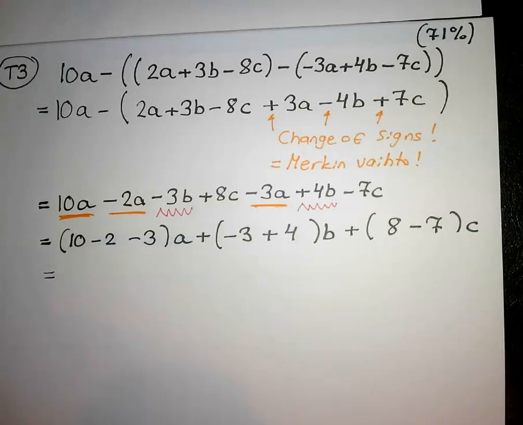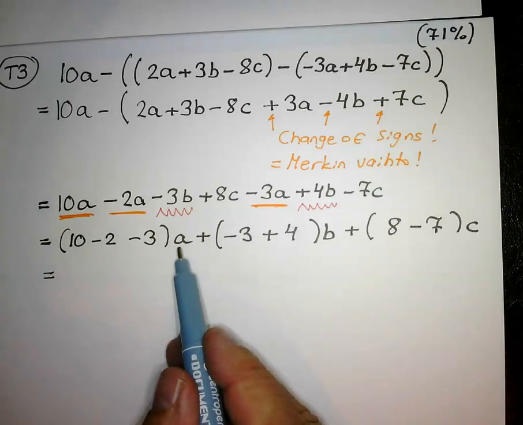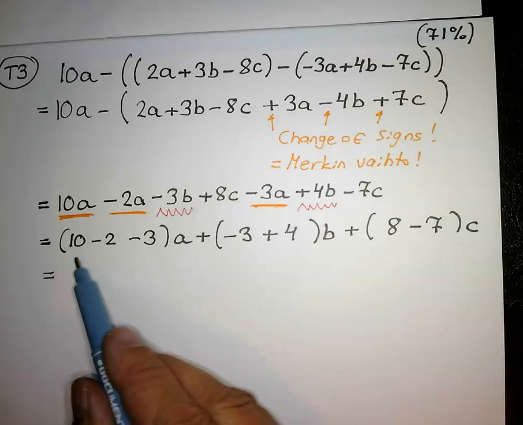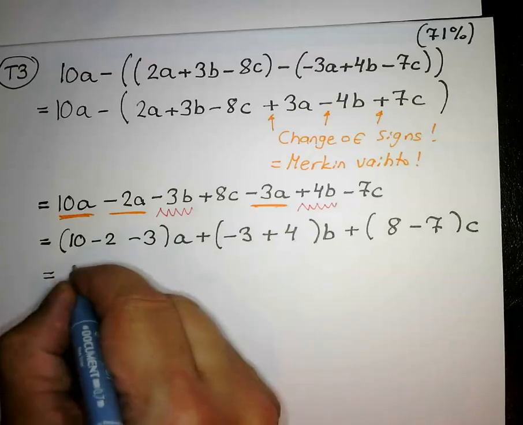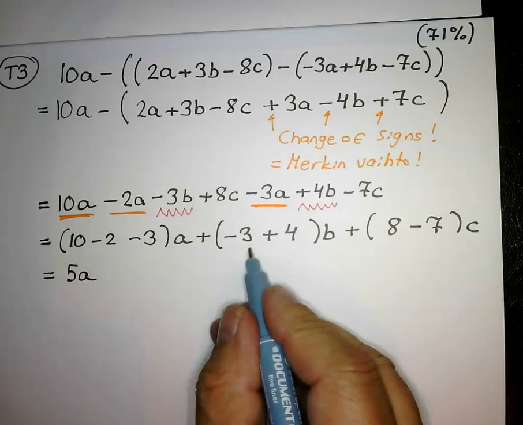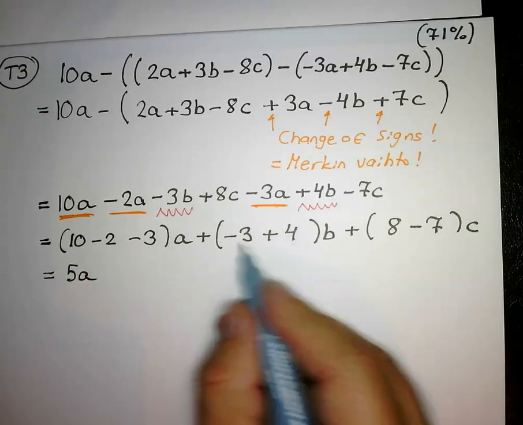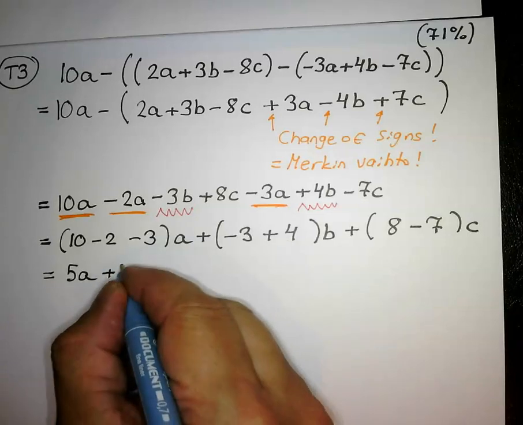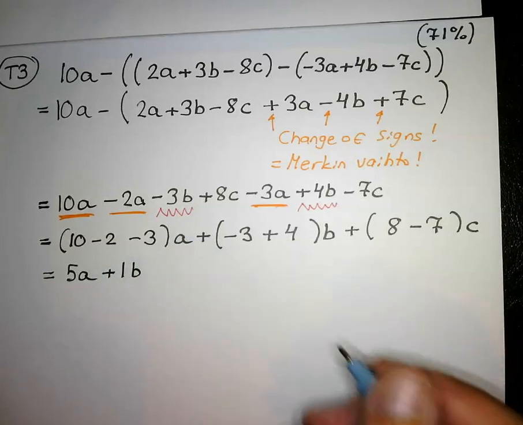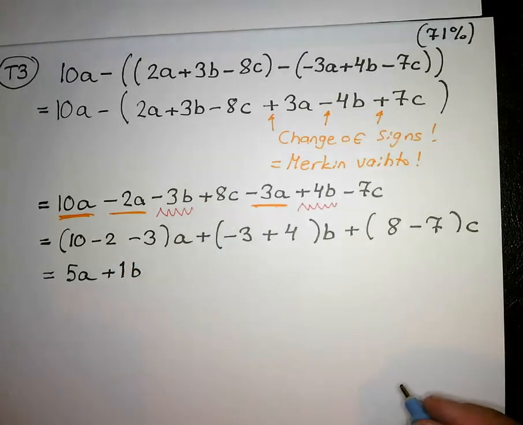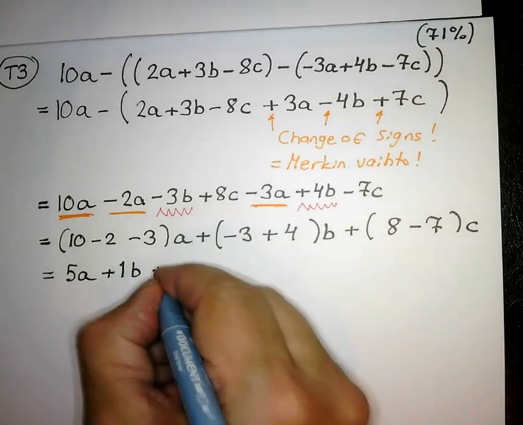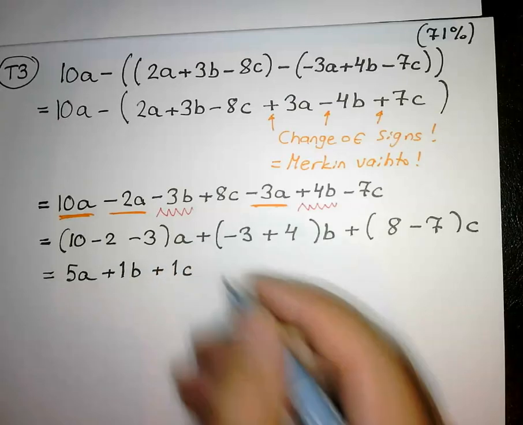So what will be the final or the next expression? The factor of A equals 10 minus 5, 5a. Here comes plus 1, I will write it here, plus 1. Maybe it's better like this. And then there is also plus 7.